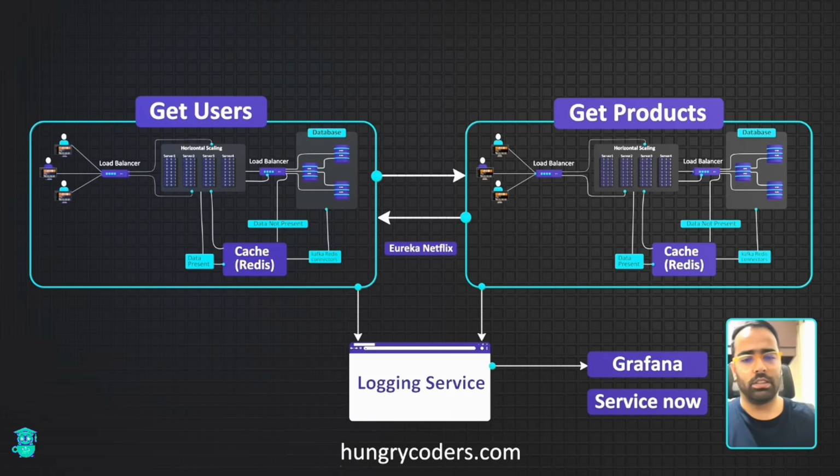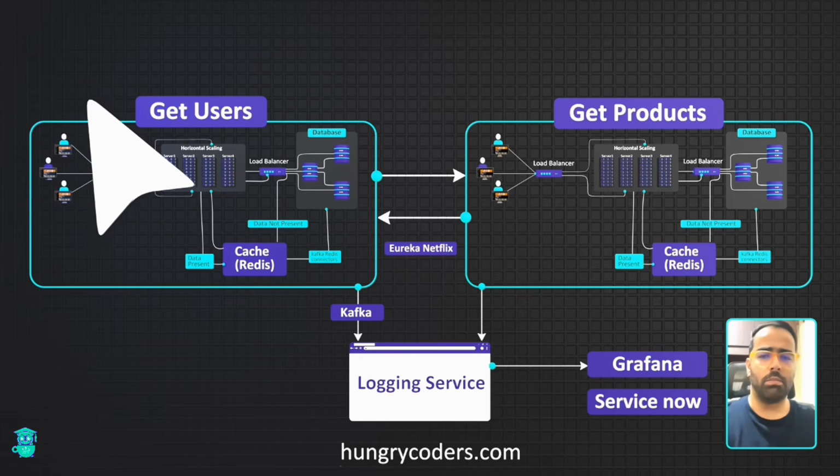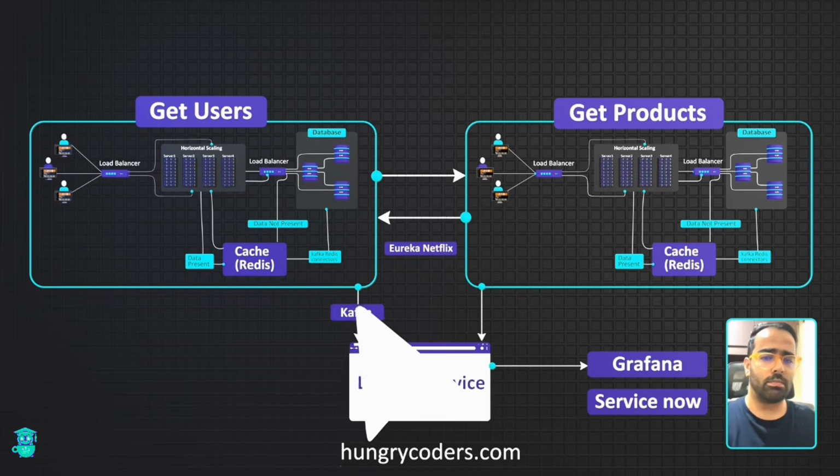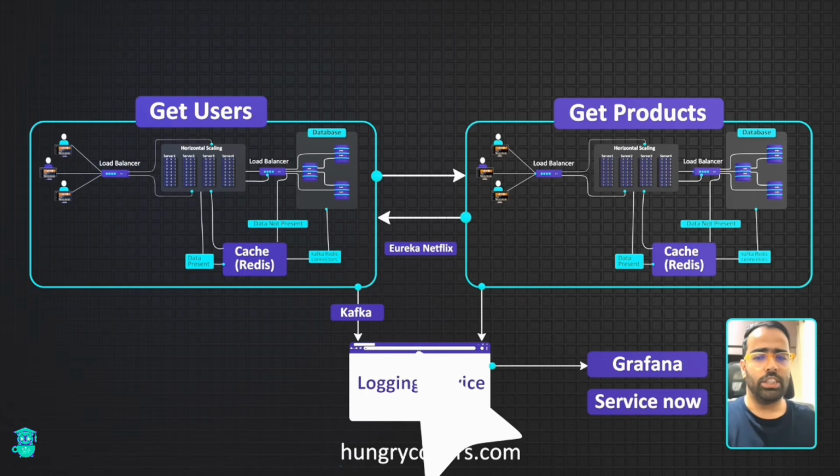ServiceNow is there, so all that stuff you can do based on this. And this asynchronous part we can again do via Kafka. We will again not go deep into Kafka, but this service will have a Kafka consumer which keeps listening on some Kafka topic, and then Kafka producers will send the events to the Kafka consumer, and then we will have all the logic here.